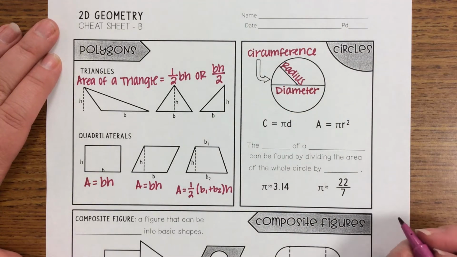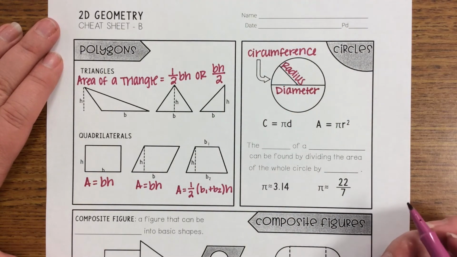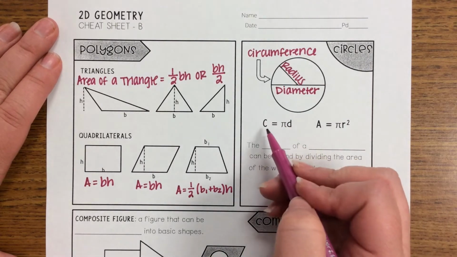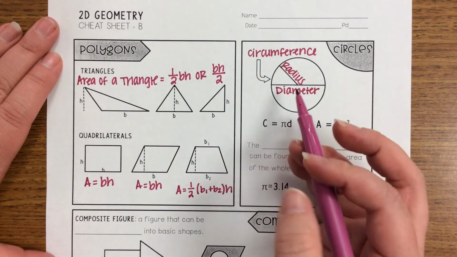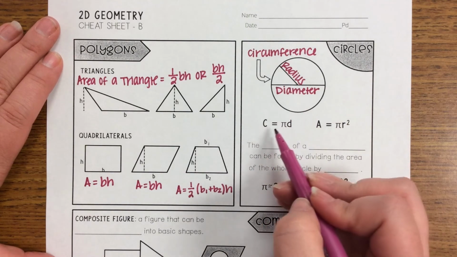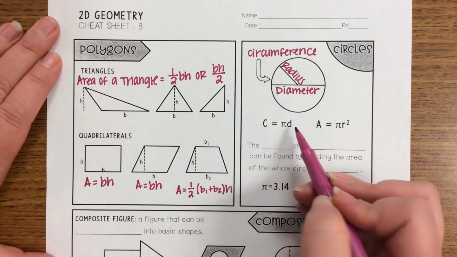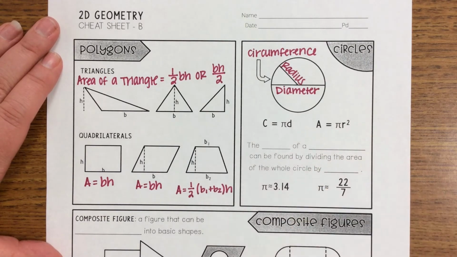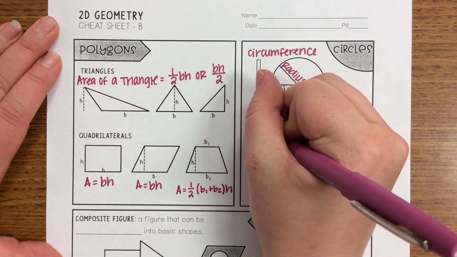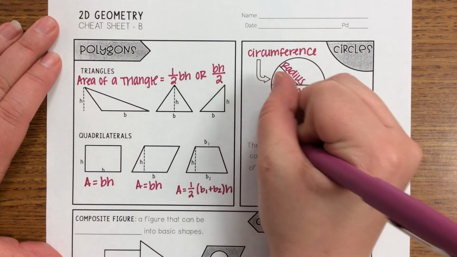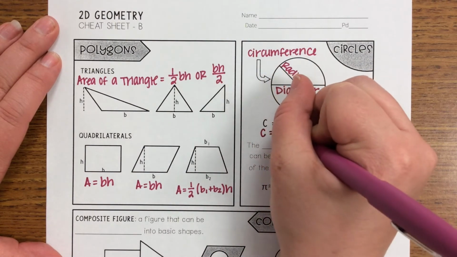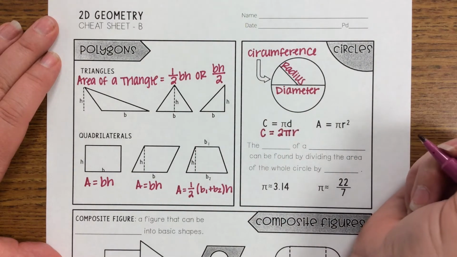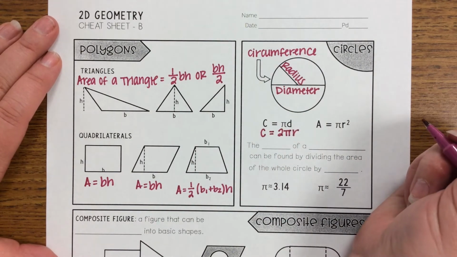Now, when it comes to circles, we've got a few different formulas that we might use. First up, we've got the circumference formula. The circumference formula states that C, the circumference, is equal to pi times D, the diameter. We also know that there's another formula for circumference that states that C, the circumference, is equal to 2 times pi times R, the radius.